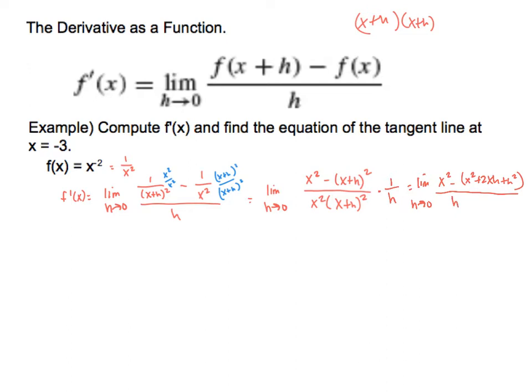That 1 over h is now put in, x squared and x plus h squared. Okay. Now I'm going to subtract in the numerator, looking to cancel out non-h terms. So x squared minus x squared is 0. I have a minus 2xh, and I have a minus h squared left.